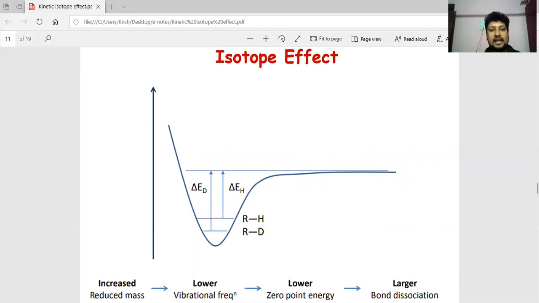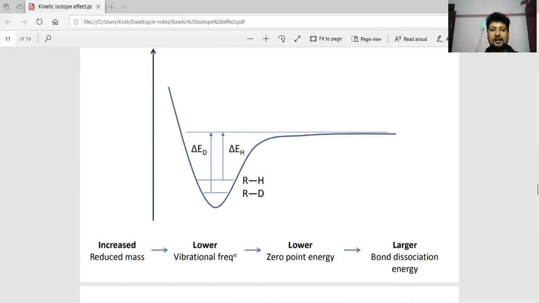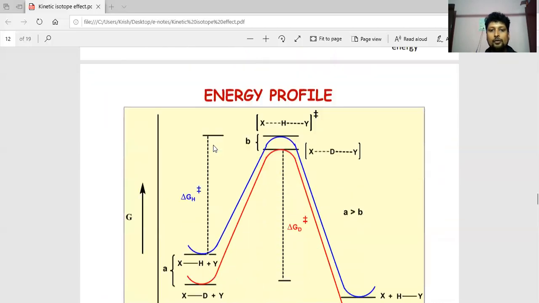So we can well understand that delta ED, that is energy of dissociation for RD bond, is greater than that of the energy needed for dissociation of RH bond. So a generalized thing can be said here, that increase of reduced mass, we will have lower vibrational frequency, that means lower zero point energy, and hence larger bond dissociation energy. Just remember this one.